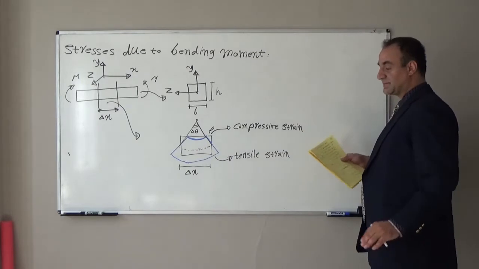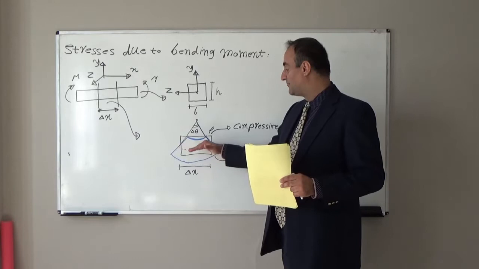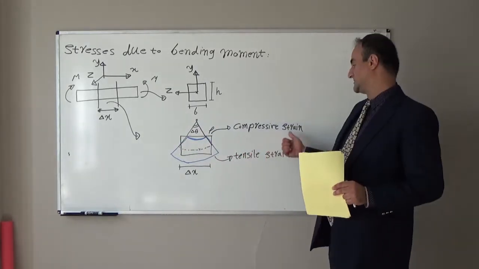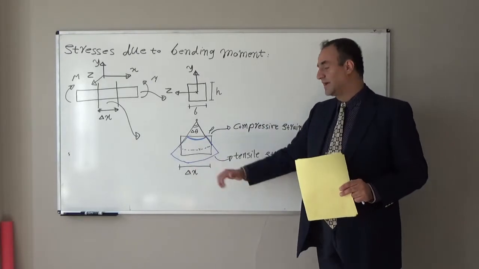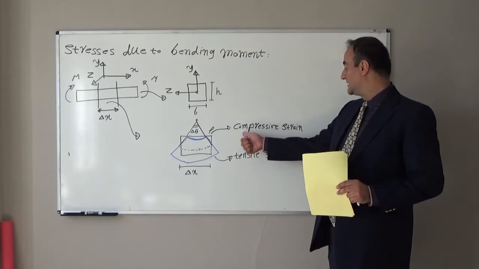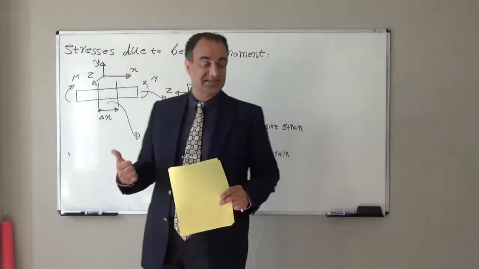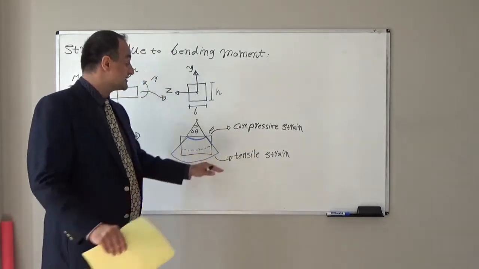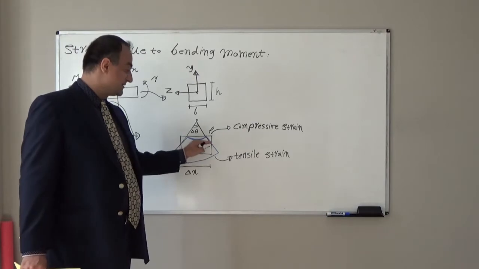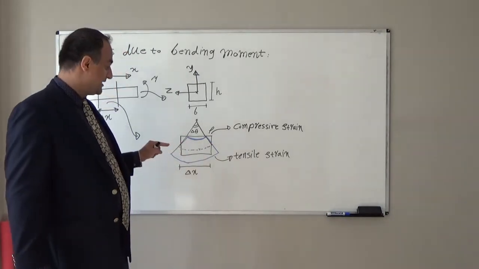But there is one fiber. Above that fiber, we will have compressive strain, and below that fiber, we will have tensile strain. You see, compressive strain will cause compressive stress, and tensile strain will cause tensile stress. In that fiber, we don't see any deformation.